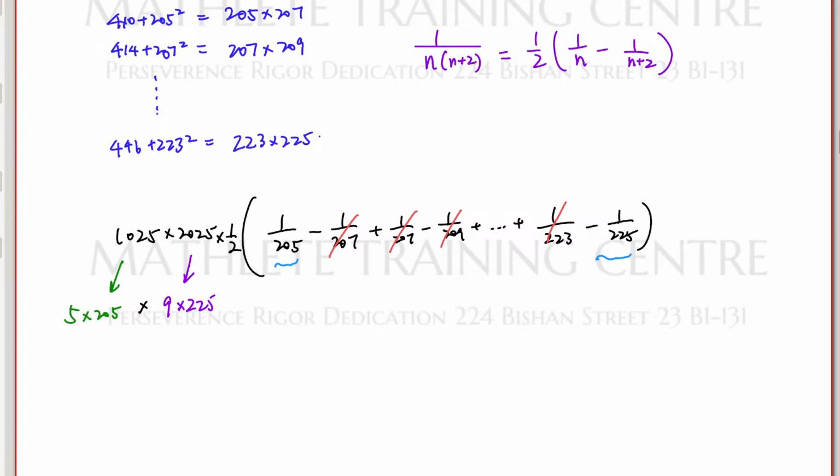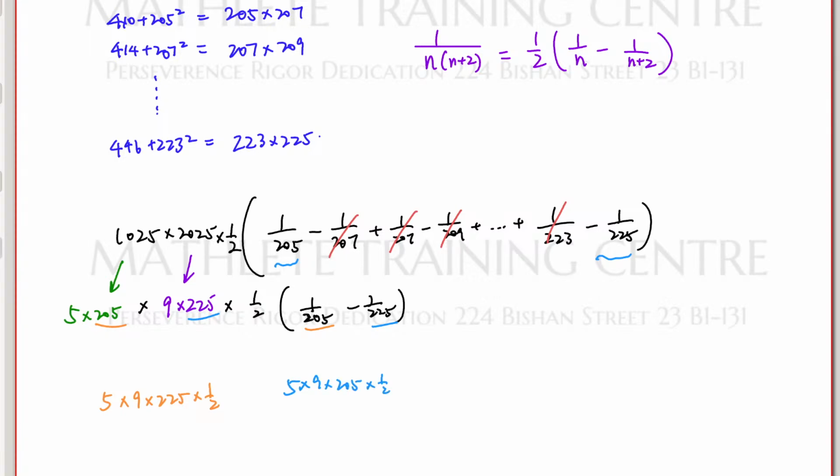Okay, so together with that, and then I have a times half at the back, I can try to see what this expression simplifies to. So the very first one I can cancel out the 205 with the 1 over 205. So the very first one becomes 5 times 9 times 225 times half. And then the second one becomes what? If you try to do the calculation here, the 1 over 225 can cancel out with the 225, so the second one becomes 5 times 9 times 205 times half.